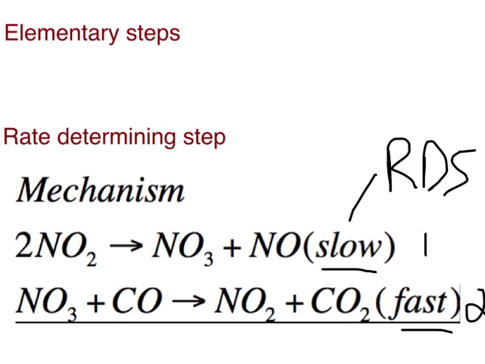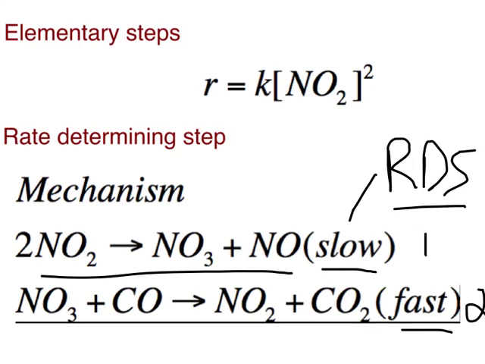Therefore, when it comes to reaction rates, only, and this is very important, only the slowest or the rate determining step determines the rate of the reaction. So if this is our rate determining step, it makes more sense now as to why our overall rate expression is written as follows.